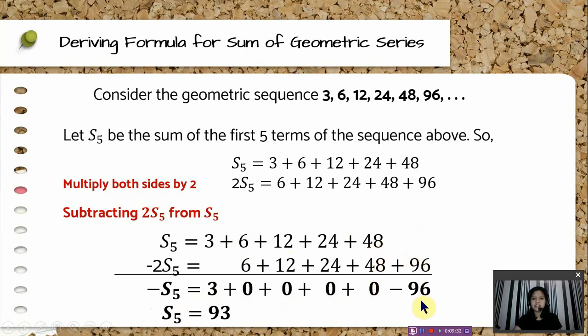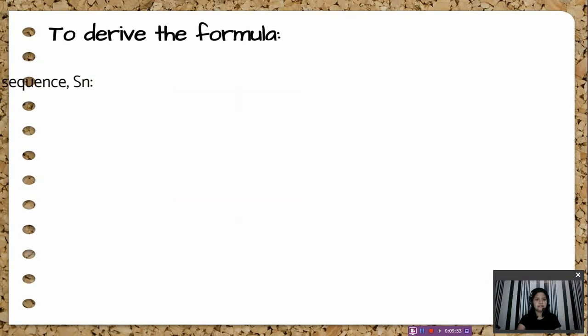And 0 minus 96 is negative 96. Now, simplifying, we would get S sub 5 is equal to 93. From that example, let us derive the formula for geometric series.